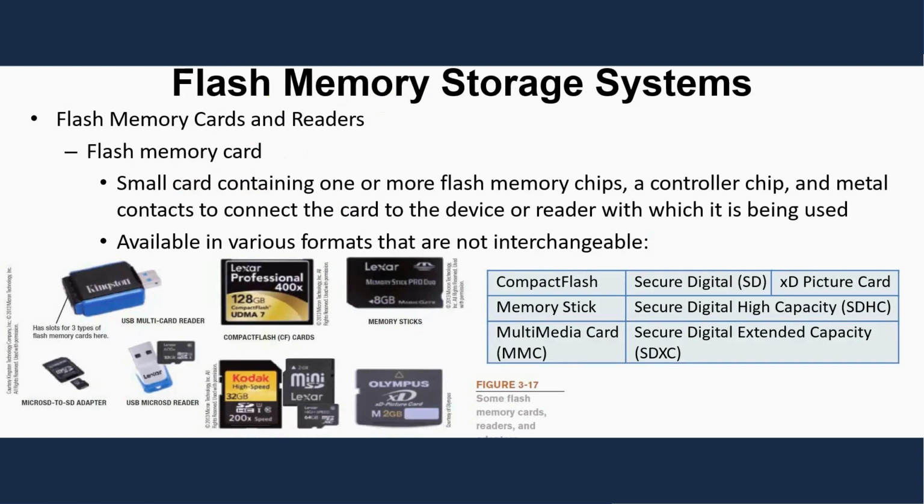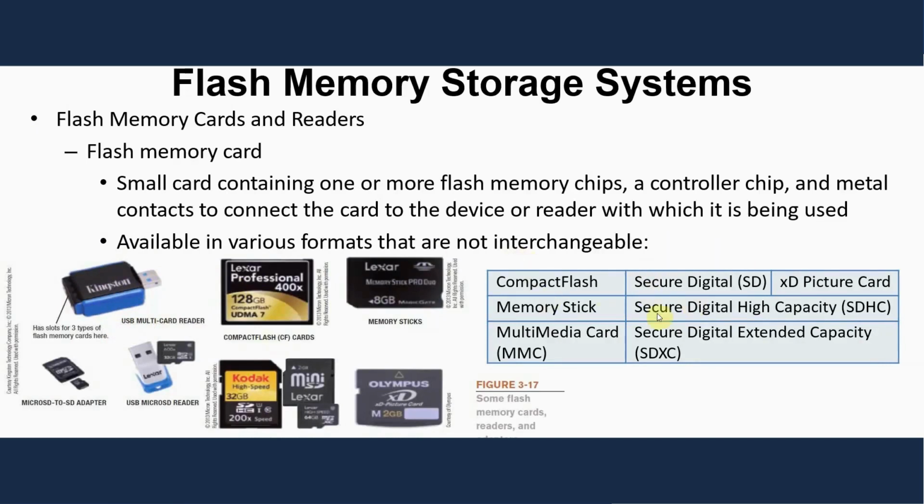The most easily findable card reader nowadays is the all-in-one card reader, which includes all different types of standards, with different slots available on the card reader. These are very common. As you can see in this image, this is from Kingston. It's a USB multi-card reader, so it has slots for every type of available SD card on the market.